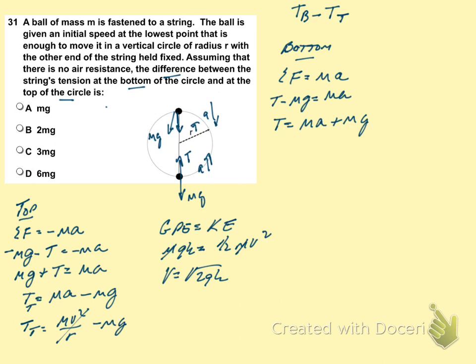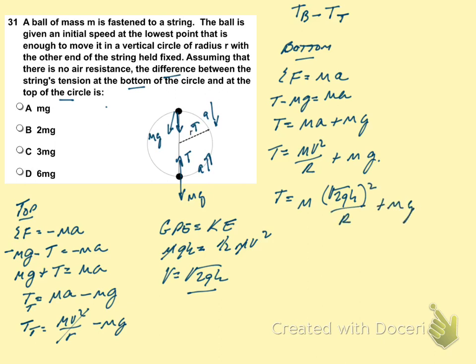So we can say, all right, let's put in v squared over r for the acceleration. And for v, we could put in this value, which is the square root of 2gh, squared over r plus mg.